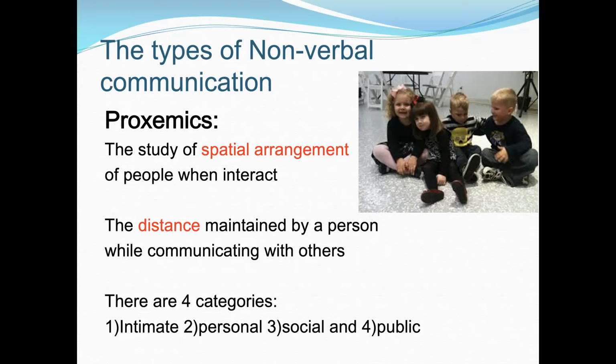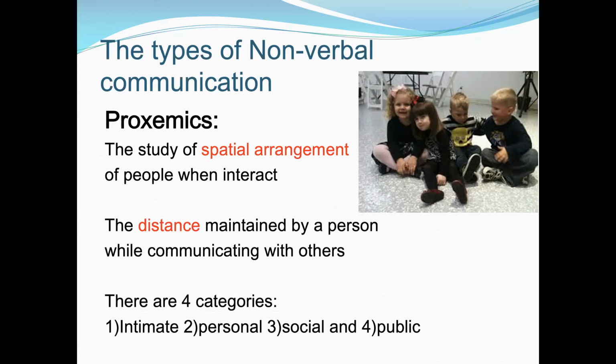That's the social distance. But there are four steps or four categories of distance: starting from intimate distance, personal, and social with somebody you know or you might not know, and public.